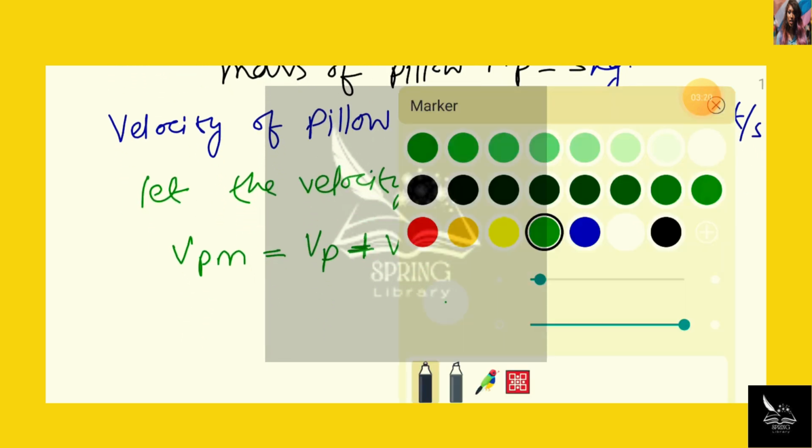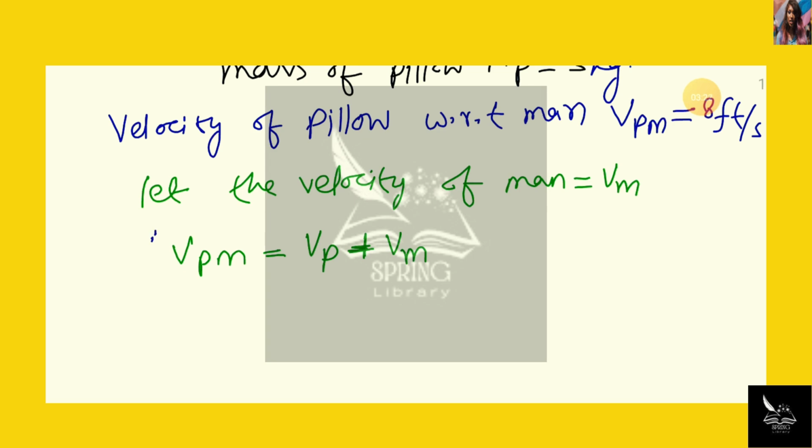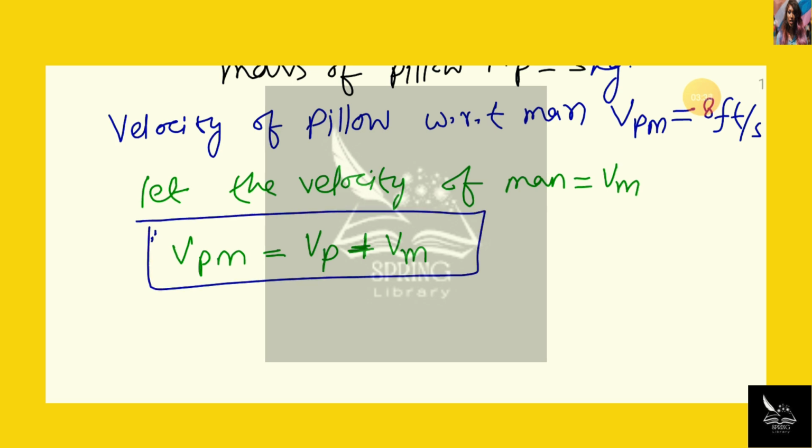So I get a relation between the velocity of the pillow with respect to man, the velocity of the man vm, and the velocity of the pillow vp. The sign is added because the directions are opposite, so after subtraction they become positive, that's why I wrote the plus sign.